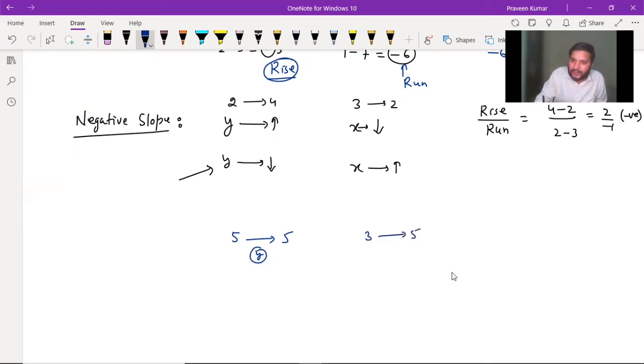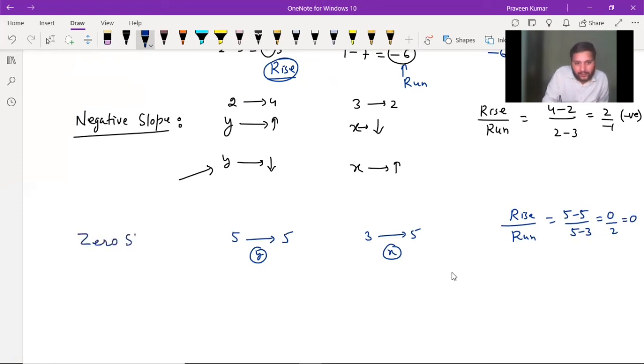It can be positive or negative as well. So rise over run will be 5 minus 5 over 5 minus 3, which is 0 by 2, which is 0. This is so-called zero slope. What do you understand by zero slope? Or slope is 0 at that time.